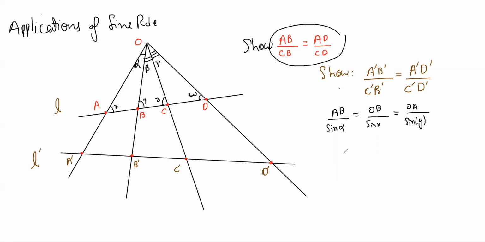On OBC, let's say BC by sine beta, OB by sine Z, OC by, is it correct? Yeah, OC by sine Y.